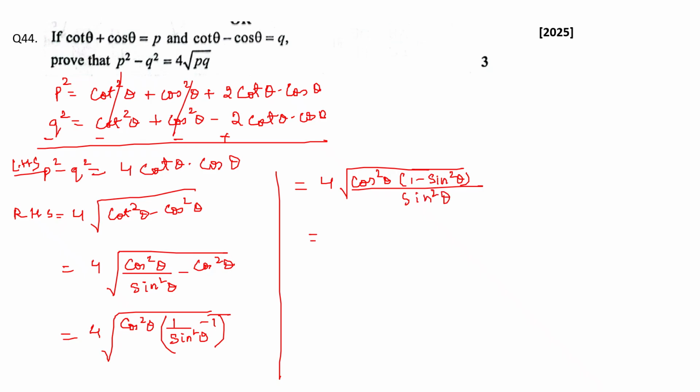So it will be 4 times root of cot square theta into (1 minus sin square theta), which is cos square theta. So it will be 4 times cot theta into cos theta. This is your RHS. Okay, so this question was a 3-marker question, an important question. It comes in exam. Now next, moving to question number 45.